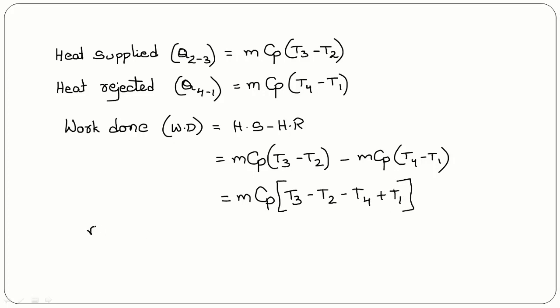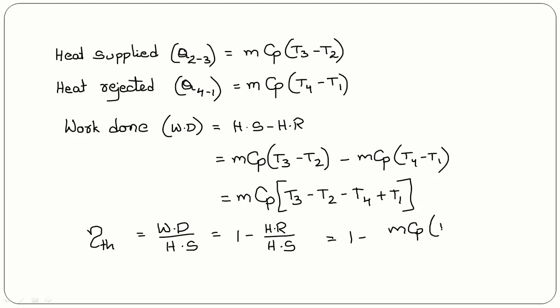Now the thermal efficiency is work done by heat supplied, or we can write this as 1 minus heat rejected by heat supplied. So this will be equal to 1 minus mCp (T4 minus T1) by mCp (T3 minus T2). mCp gets cancelled.